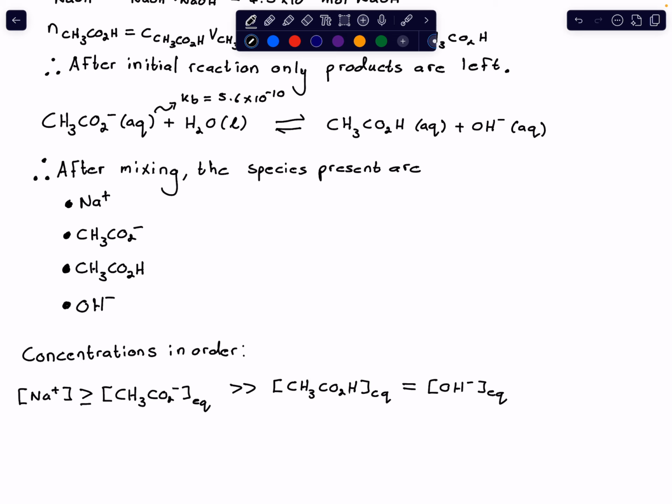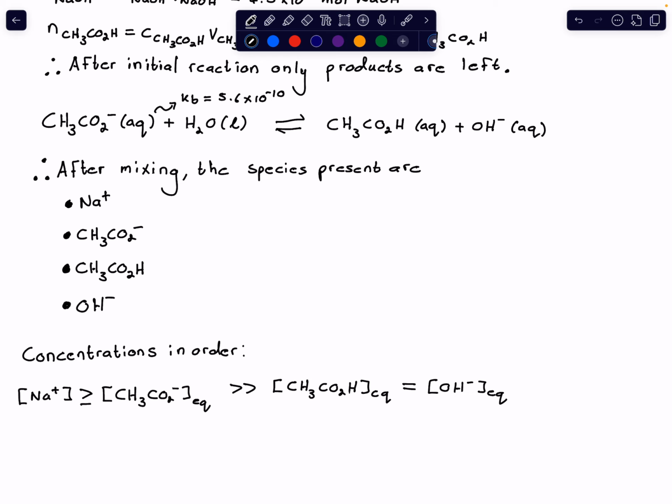And if you struggle to see that, remember to do your ice table. You just have to do the ice table and convince yourself that these values are x, and this is some initial value of CH3CO2 minus, minus x, right? And then you should convince yourself that, okay, yeah, that's why they have that order and how you can quickly get to that.